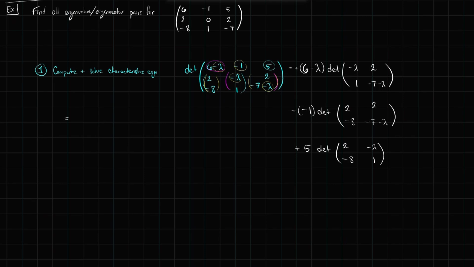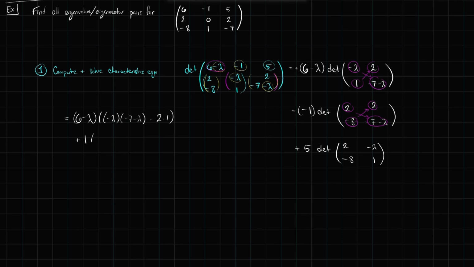Let's go ahead and compute these. So I've got 6 minus lambda. Then that other determinant, it's always AD minus BC. So we've got -lambda times -7 minus lambda, minus BC, -2 times 1. Second term, minus -1, so plus 1, times the determinant AD minus BC.